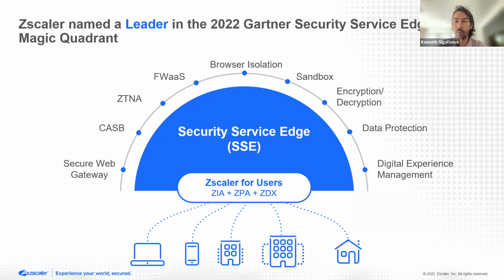But as you can tell, we offer all of these services, and it's all part of our Zero Trust Exchange, either with Zscaler Internet Access, which is what we'll be talking about today, or our VPN replacement functionality with connecting a user to a specific application instead of a flat network with Zscaler Private Access, or our digital experience, being able to help organizations understand how their operations are functioning, and if they're having issues, where to basically go to troubleshoot, whether it's on the tier 1 side, SaaS side, or what have you.